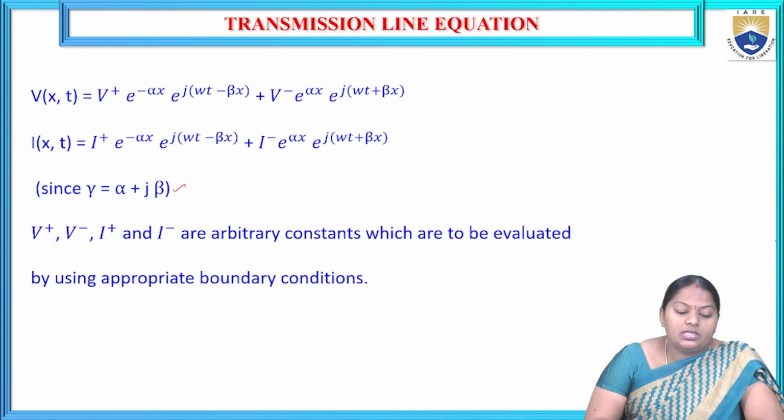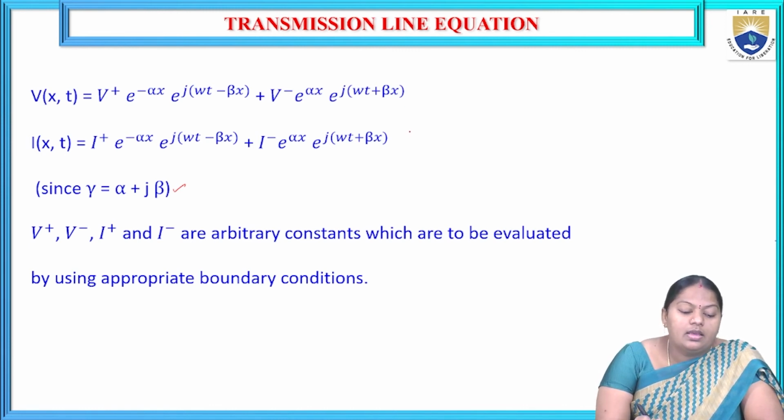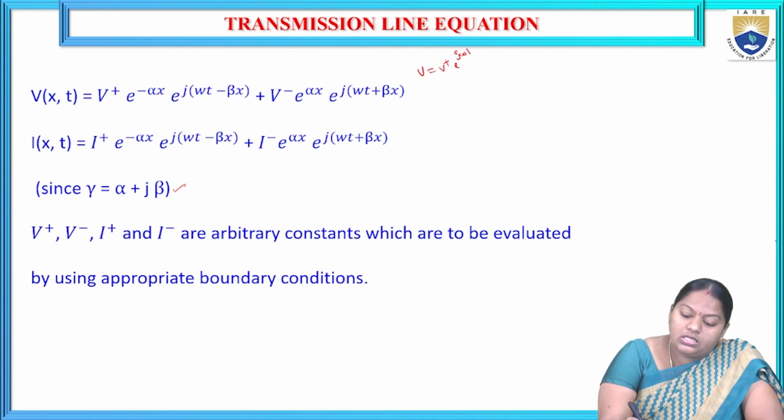So to express the voltages and currents, we write V(x, t) = V⁺ e^(−αx) e^(j(ωt − βx)). Previously we had V = V⁺ e^(jωt − γx) + V⁻ e^(jωt + γx).